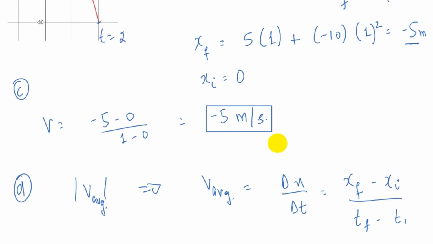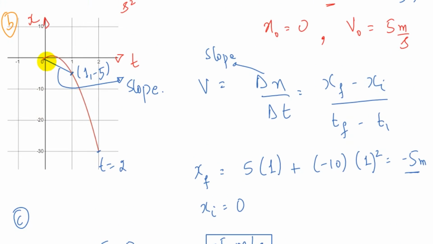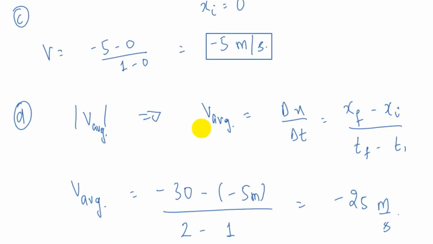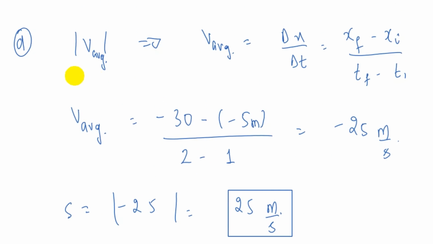If the direction had been changing, like for the time interval t equals 0 second to t equals 2 second, the average speed would not be equal to the magnitude of average velocity, because the direction is being changed from positive to negative. But for this time interval t equals 1 to t equals 2, since the direction is not changing, we can write that the average speed is equal to the magnitude of average velocity.